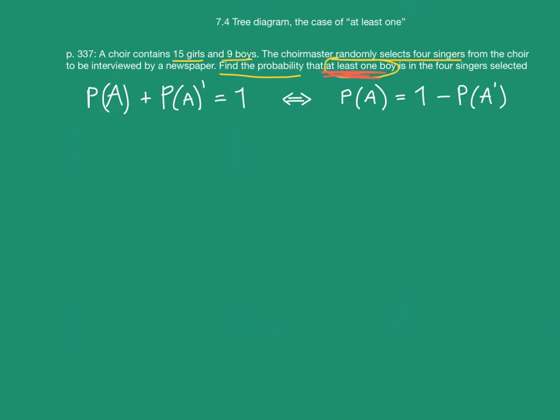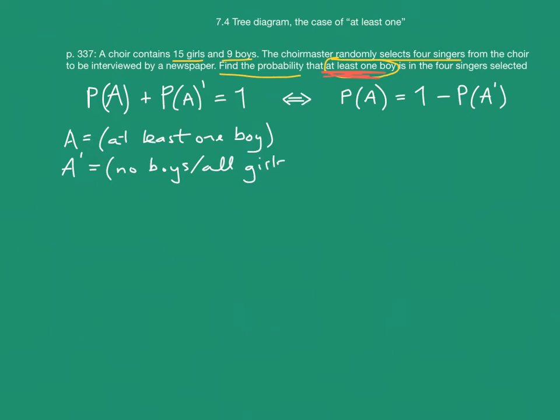If we apply this to our problem, and we say that the event A is that we have at least one boy, what would A complement be then? Well, if you don't have at least one boy, you have no boys, which is the same as only girls.